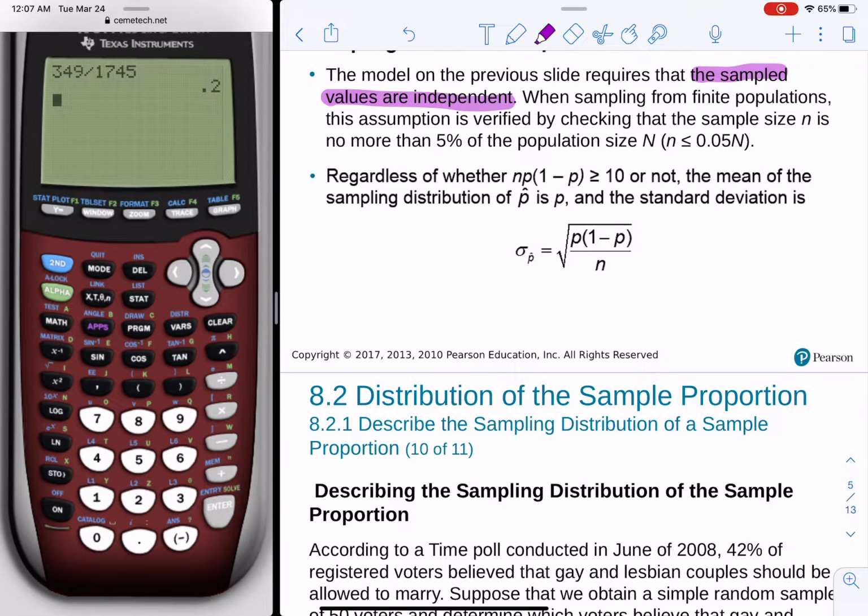This condition is also important, regardless of whether np times 1 minus p is greater than or equal to 10. The mean of the sampling distribution is p, and the standard deviation is always that formula right there.